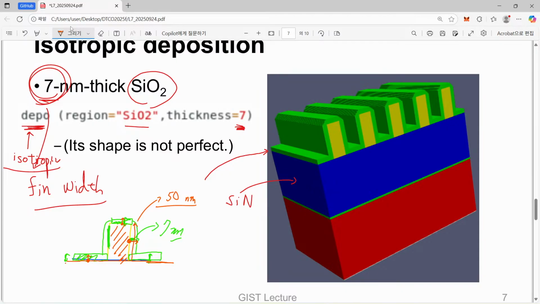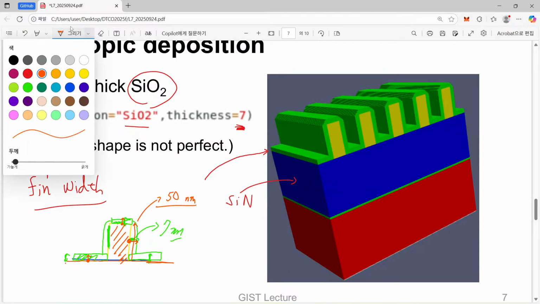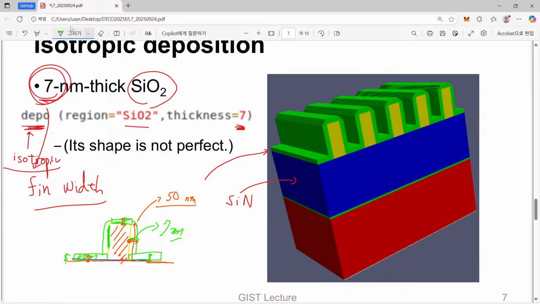Although it is not looking like a perfectly shaped square in this case, because it is generated from sidewall deposition, its shape looks like this.